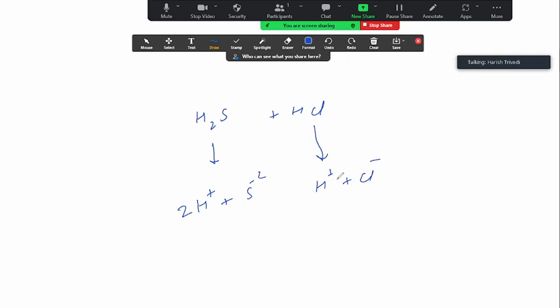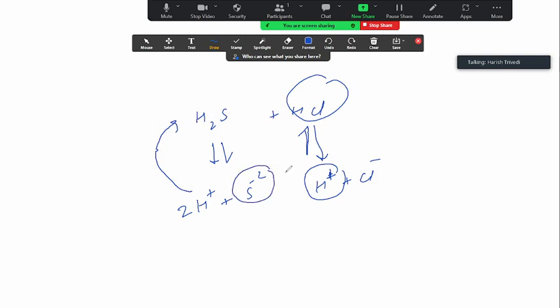As hydrogen, the proton, is there from hydrochloric acid, which is a very strong acid, this proton will shift this equilibrium toward H2S, and the concentration of sulfide will also decrease.